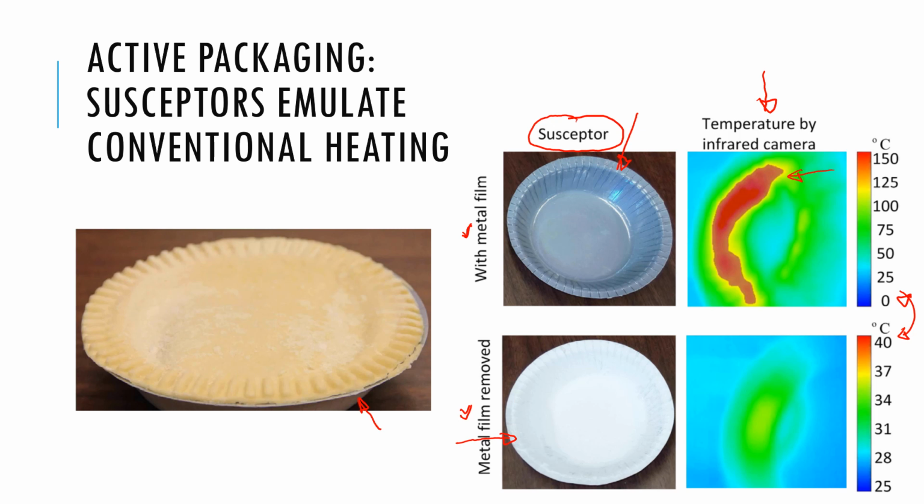But in the big picture, this is another example of active packaging where the electric field or the heating pattern is manipulated using material that is microwave active and right next to the food.